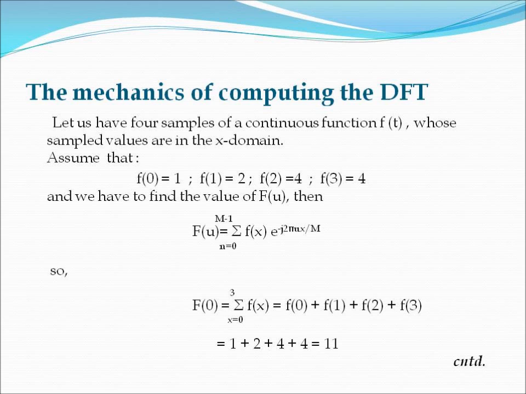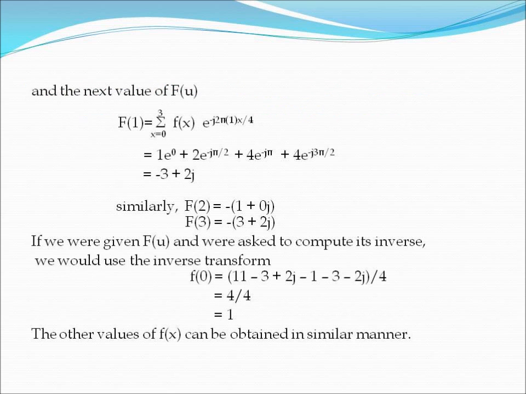Using the discrete Fourier transform and applying its formula, we use the values of the x domain in this formula. We get the values F(0) equal to 11, F(1) equal to minus 3 plus 2j, F(2) equal to minus 1, F(3) equal to minus 3 plus 2j.